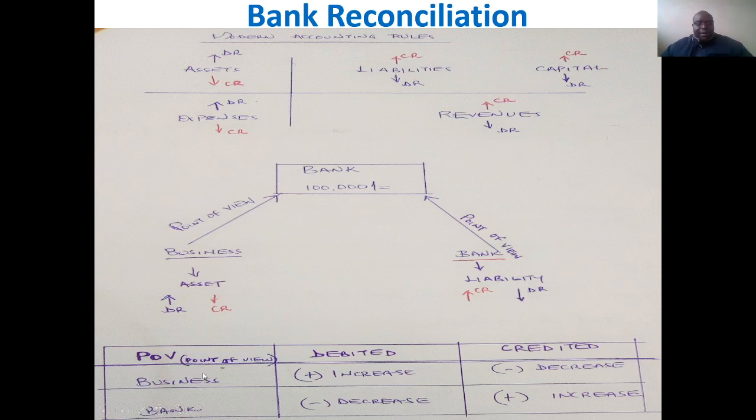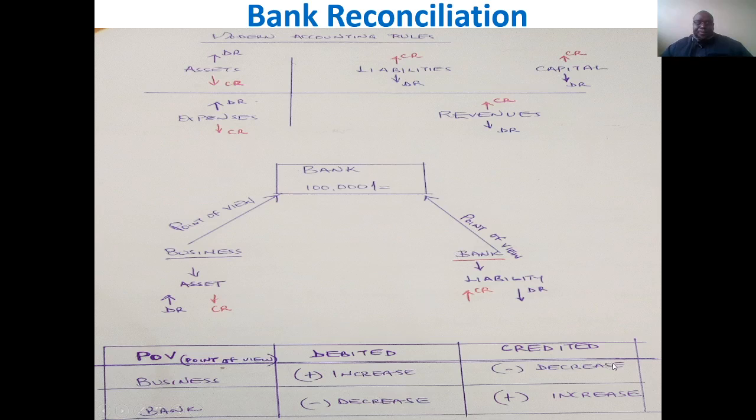So, point of view of either the business or the bank. On the debit side, we record an increase in the bank account of the business. But we record a decrease of money from the bank point of view of our passbook.